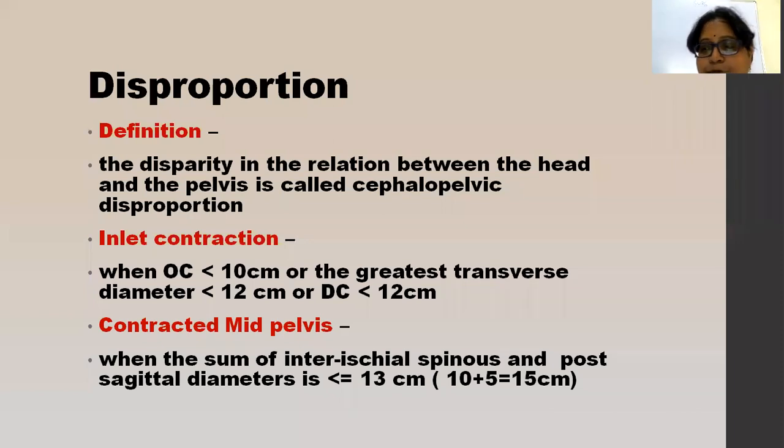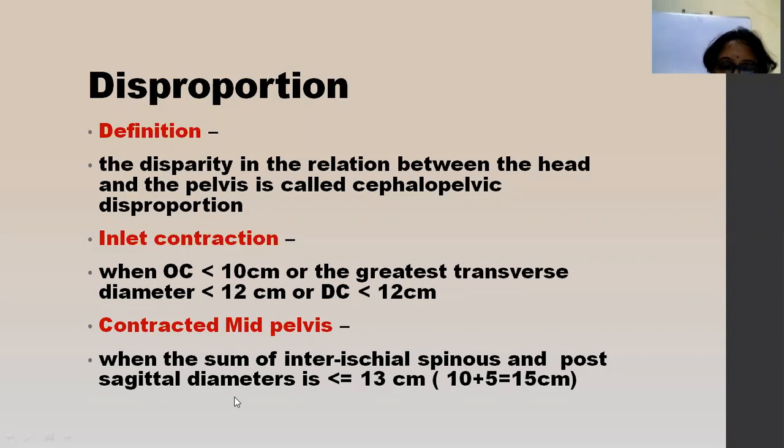So in case there is a disproportion, we look at the diameters of the inlet: the obstetric conjugate less than 10, or the greatest transverse diameter less than 12, or the diagonal conjugate less than 12. We conclude that there is an inlet contraction. An inlet contraction can be associated with mid-pelvic contraction. When do you call it mid-pelvic contraction?